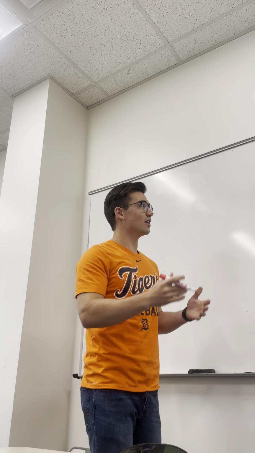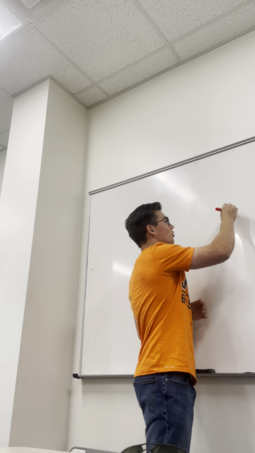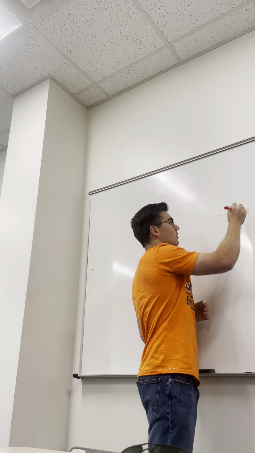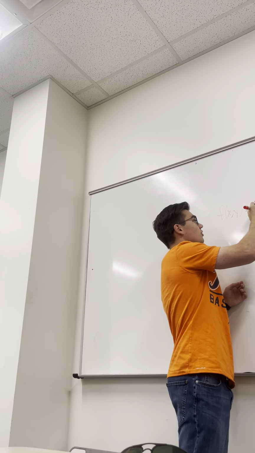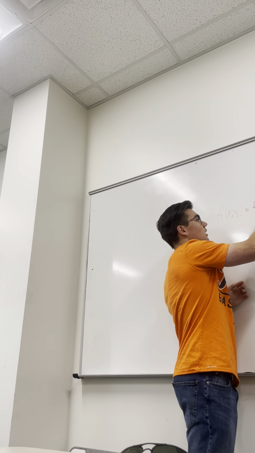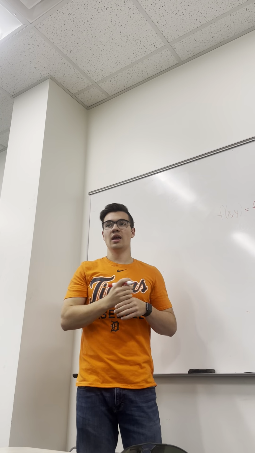So in order to answer this question, we're basing this around one of our definitions of independence, which is that the joint distribution function is equal to the marginal distribution functions multiplied. If they're independent, this is true.